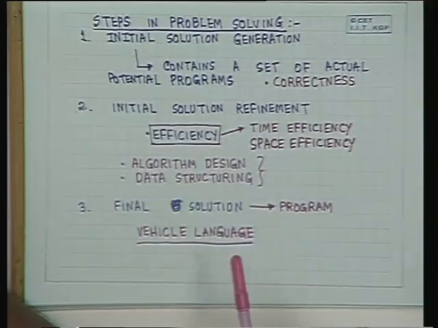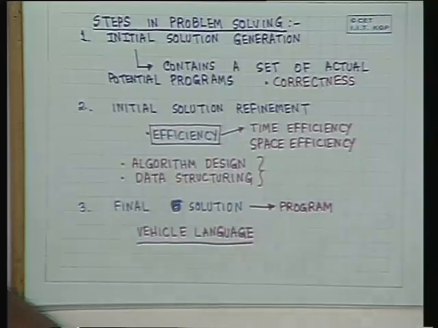So people in computer science are developing languages which can understand and translate more and more structured forms into machine code. Such languages are, as you all know, called high level languages.